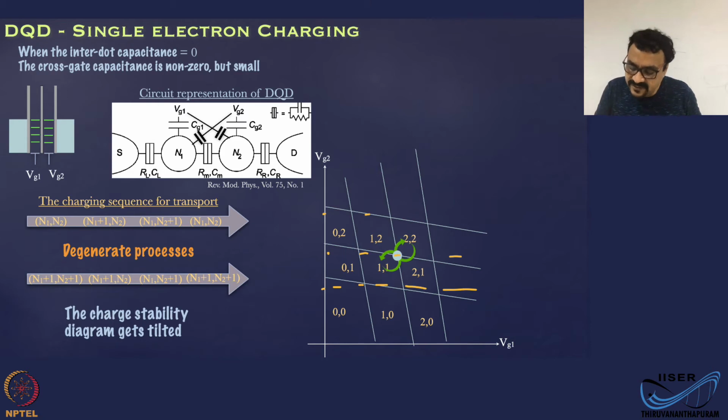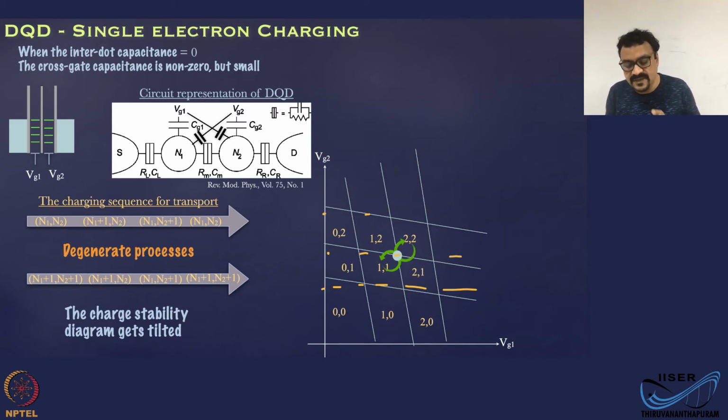And similarly, whenever Vg2 is positive, you can see this line is going to go more into the positive side, then this line is going to go more on the negative side. When this line goes to the positive side, this line basically goes to the negative side.